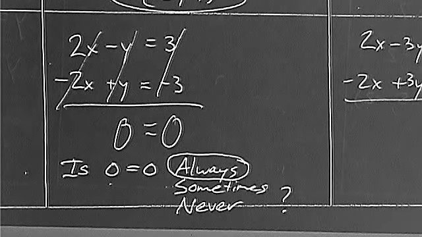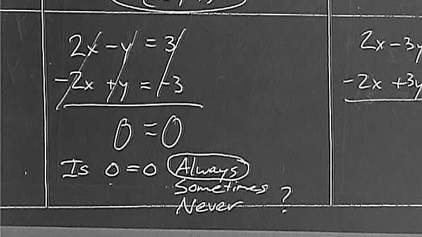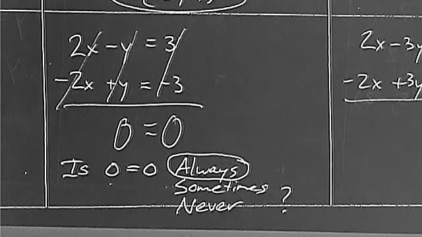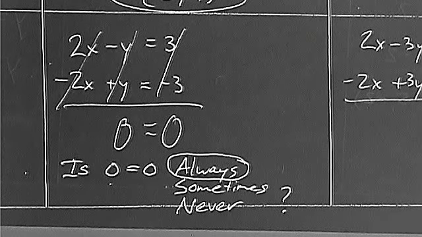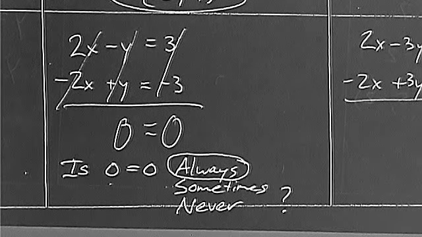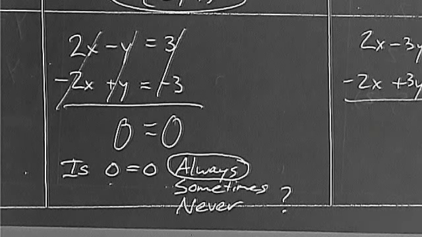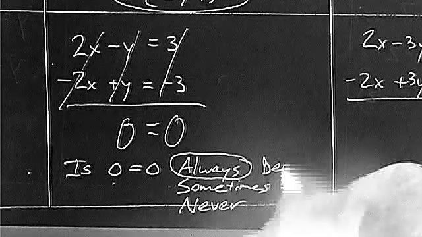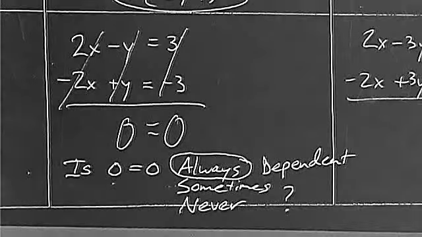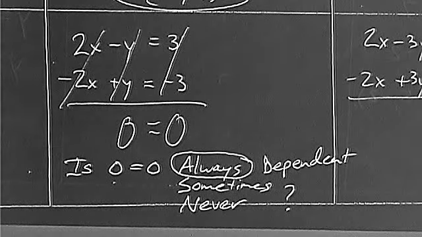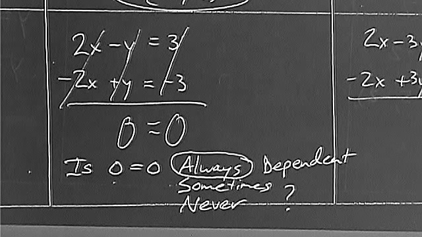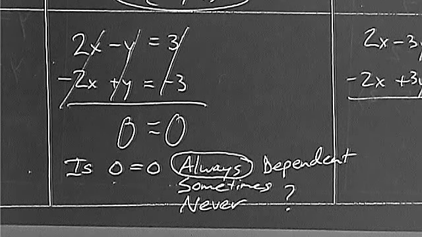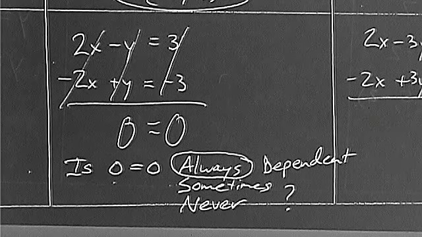Now, with that being said, that means that no matter what x value I pick, I will always come up with a solution as long as it sits on the line. In other words, these two lines are identical. This is a dependent situation. There are an infinite number of points where these two lines cross because they are the same line. So if we got an infinite number of choices, how do I put an answer down?